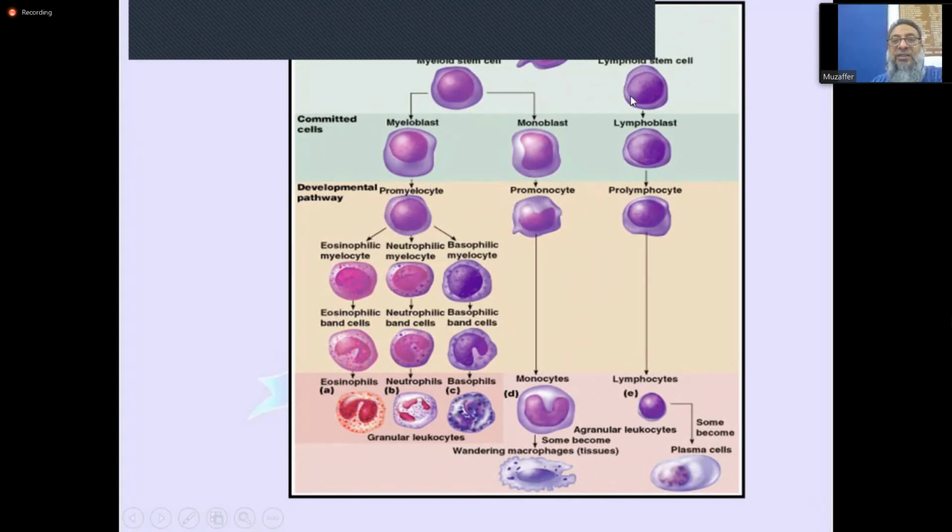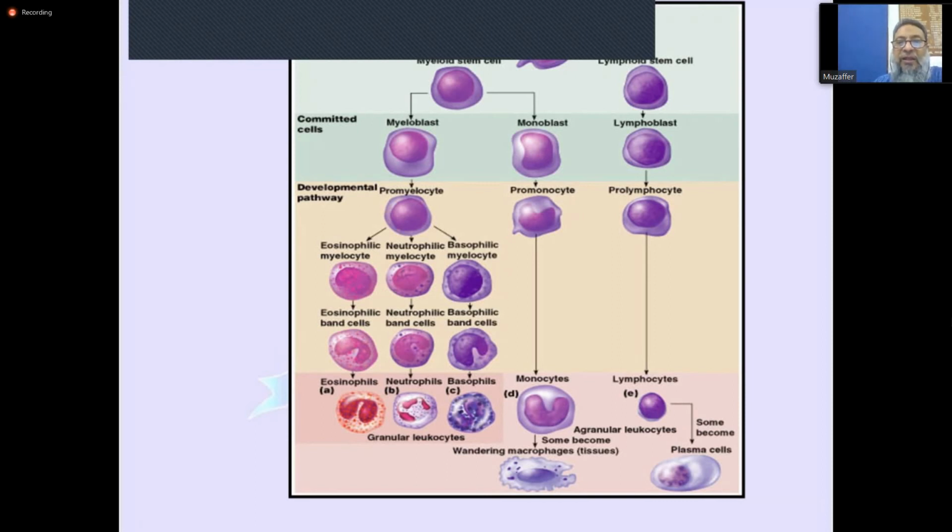The third one is the lymphoid stem cell. From the myeloid stem cell, all these cells are developed, and from the lymphoid stem cell, the lymphoblast, and ultimately the pro-lymphocyte and lymphocyte, B cells and plasma cells, and T cells are formed, which further produce the T lymphocytes and B lymphocytes, the T cell immunity and humoral immunity.